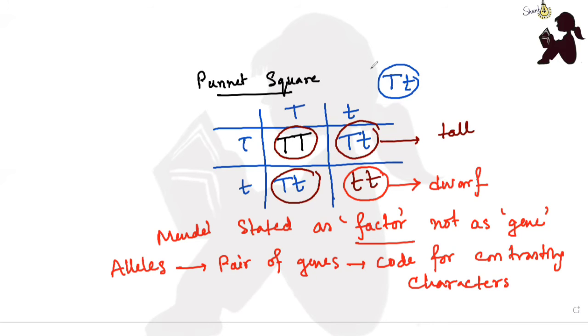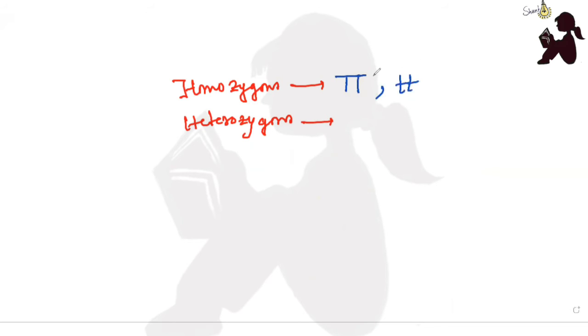Okay, now the concept of homozygous and heterozygous. Okay, so when the two alleles are similar, like capital T, capital T, these two represent the homozygous allele.